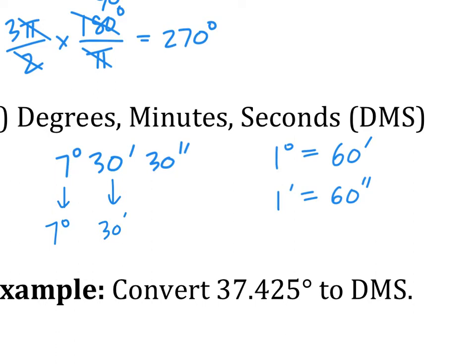1 degree is how many minutes? 60. Oh, 1 degree is 60 minutes. So I need to multiply by what to convert it into degrees? What over what? 1 over 60. We need to be able to cancel out the minute, right?